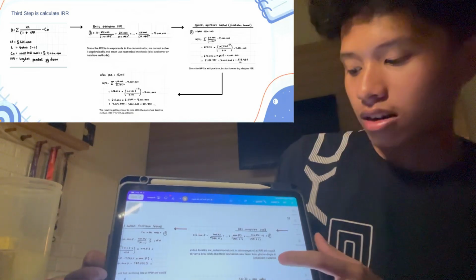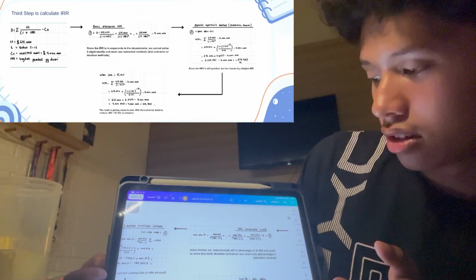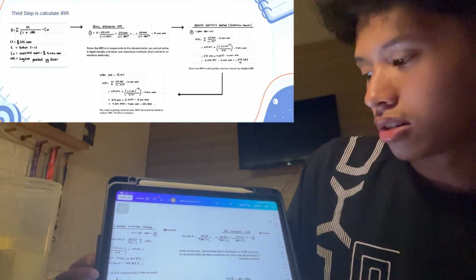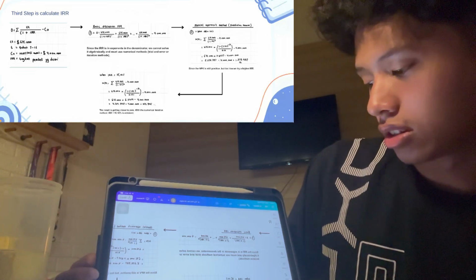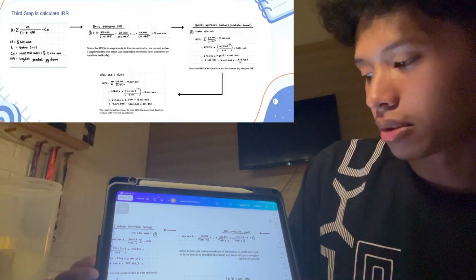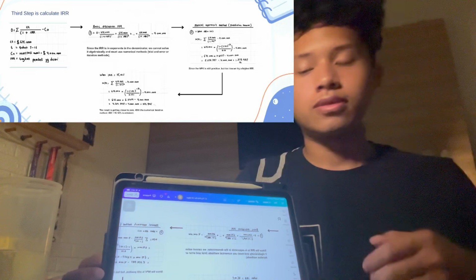Since the ERR is in the exponent in the denominator, we cannot solve it algebraically and must use numerical methods, trial and error, or iterative methods.